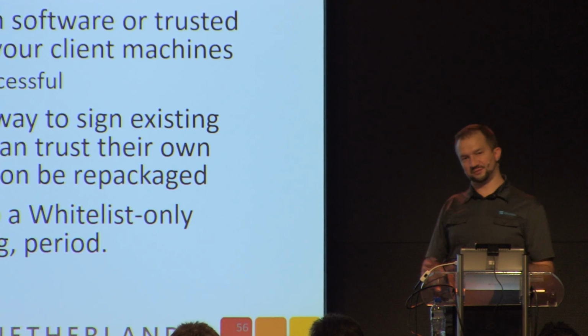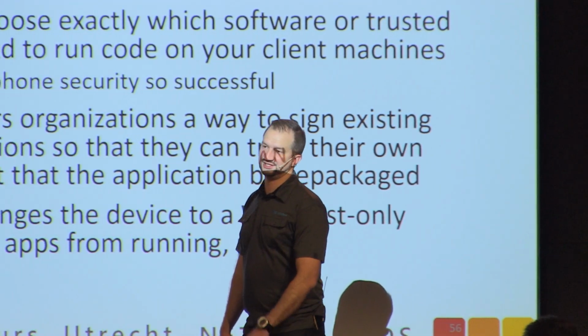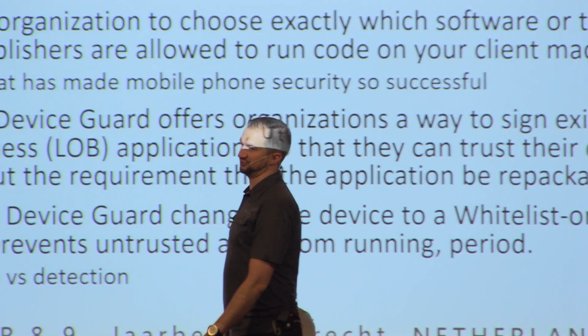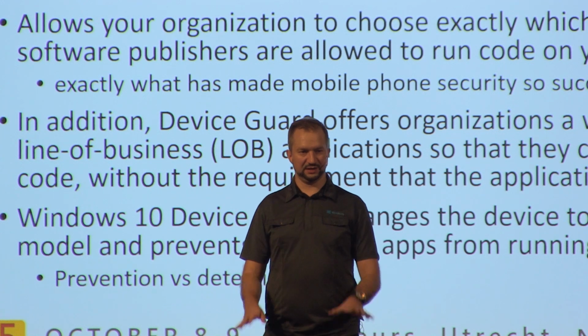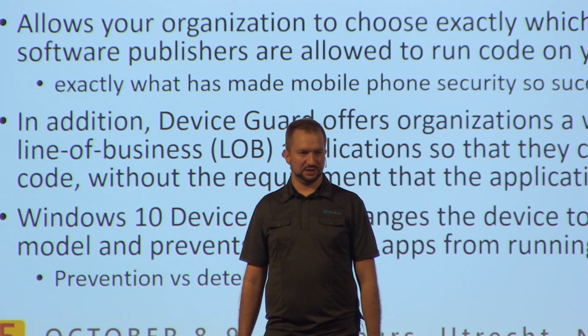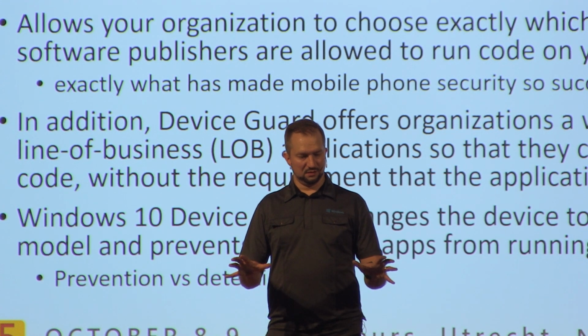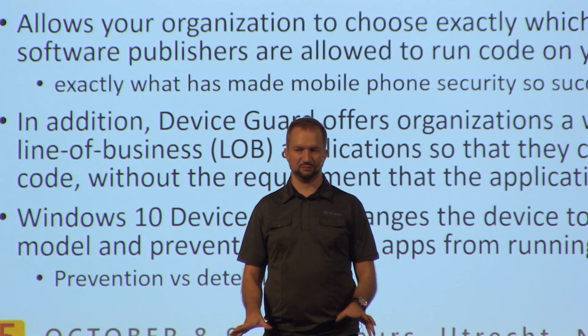Device Guard is meant to whitelist the whole Windows box. Nothing can get in. Why is it better than AppLocker or software restriction policies? Because it's hardware level. It's also applicable to DLLs, which AppLocker wasn't. It's almost, I'd say, impossible. I would never say it's impossible. I'd say almost impossible to bypass.